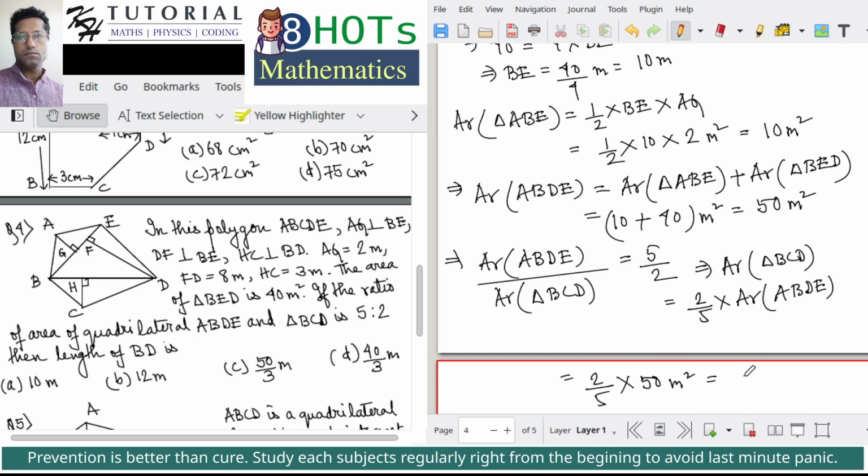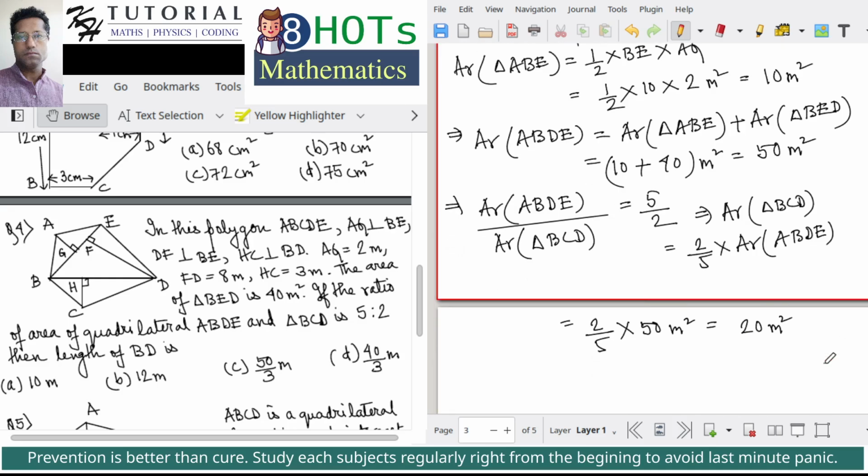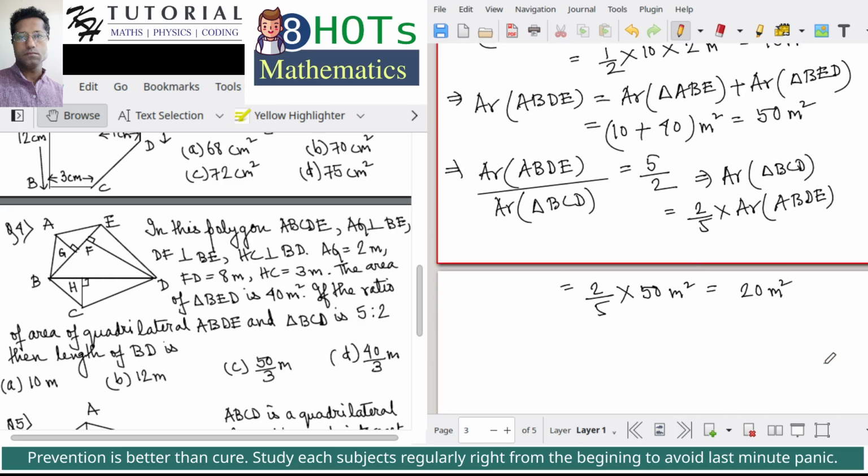So this is equal to 20 meter square. Okay, so the area of triangle BCD is 20 meter square.